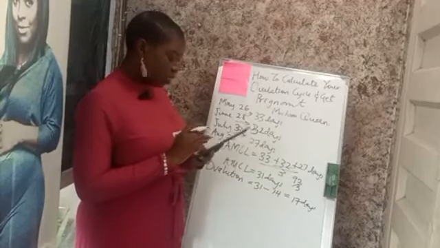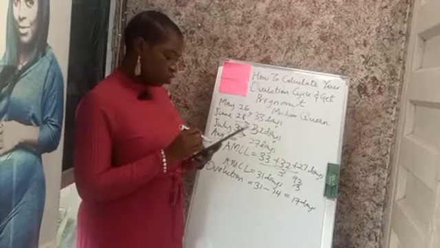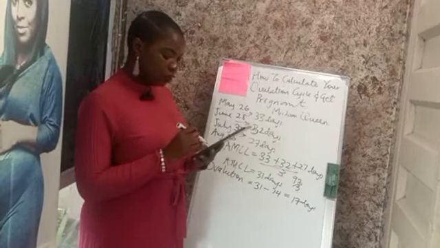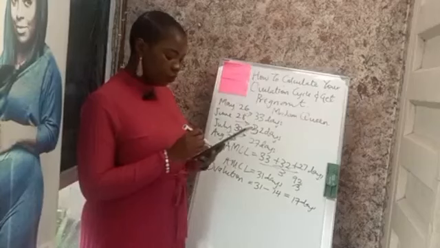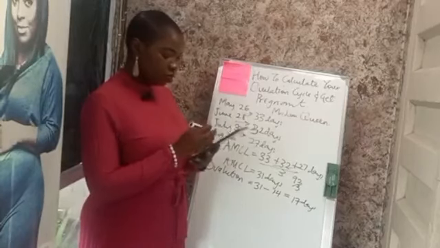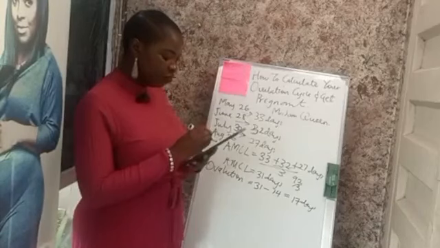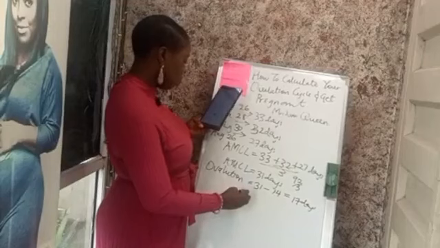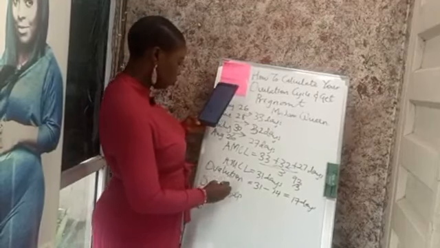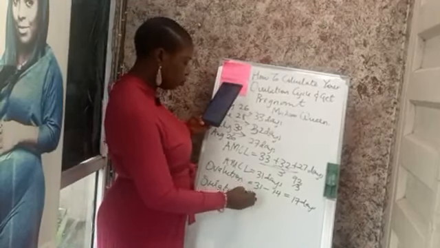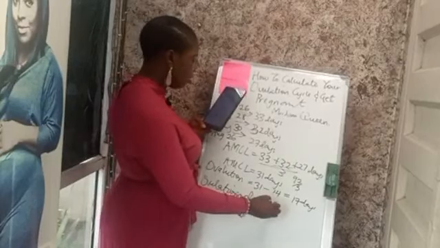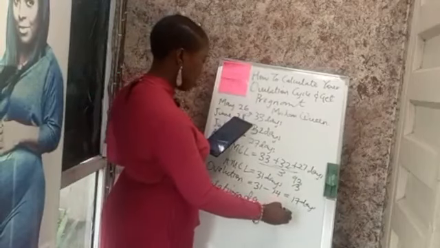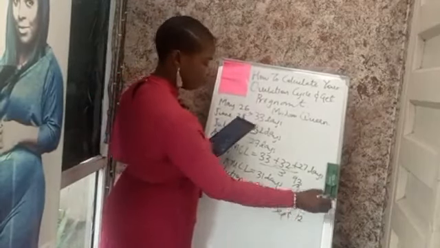So 26 into, so that will be 17 days, 7, 14, 15, 16, 17. So at 17th day, ovulation day, is September 12th. You see that?